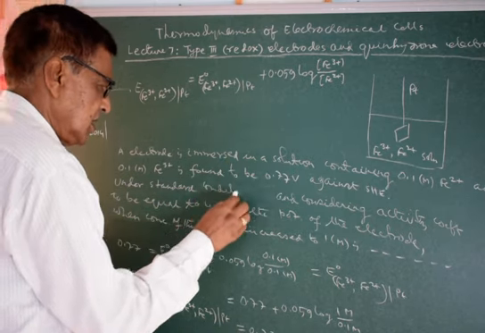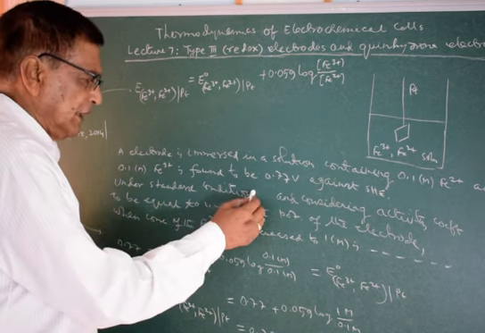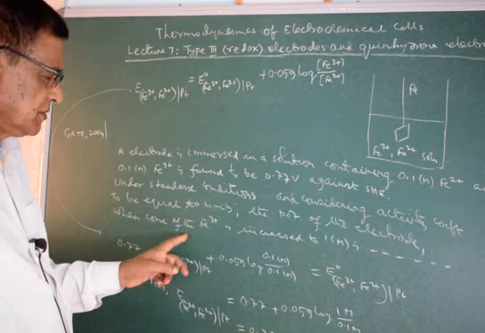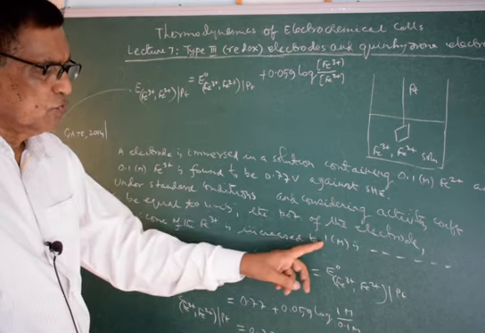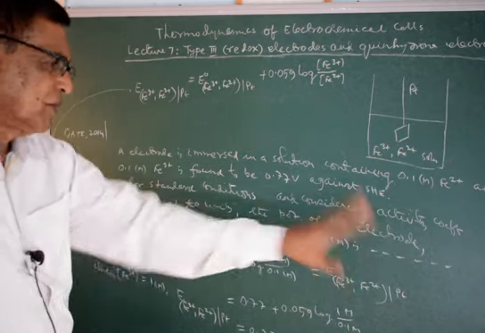Considering activity coefficients to be equal to unity, the potential of this electrode where the concentration of the ferric ion is increased to 1 molar is to be found out.